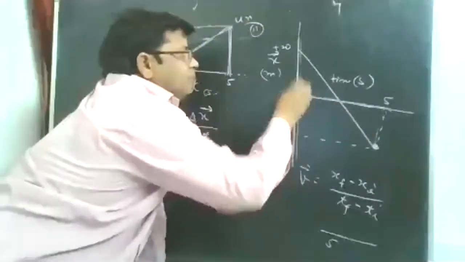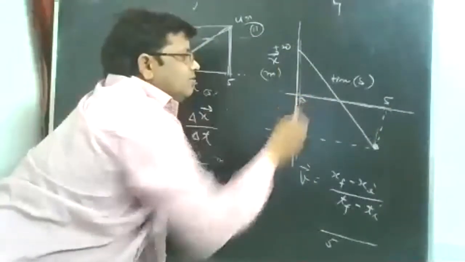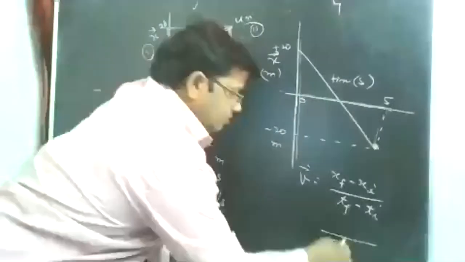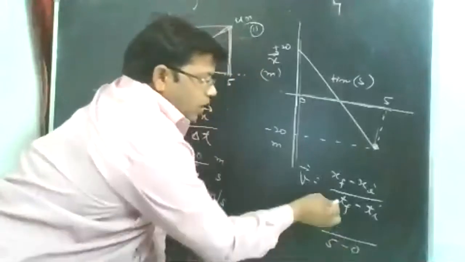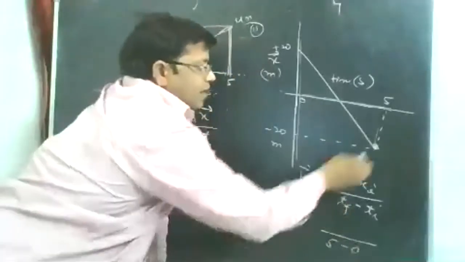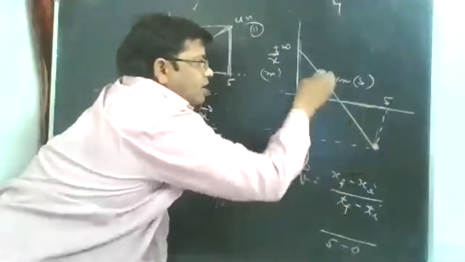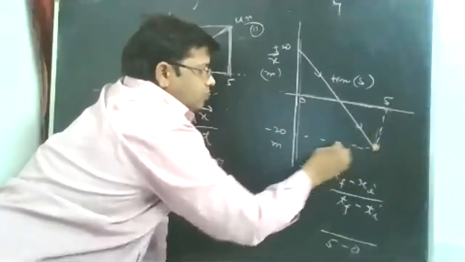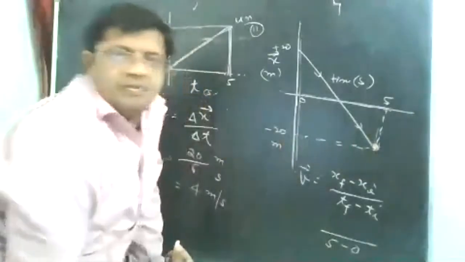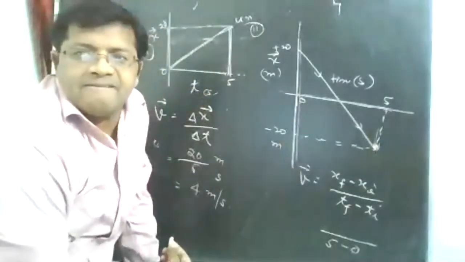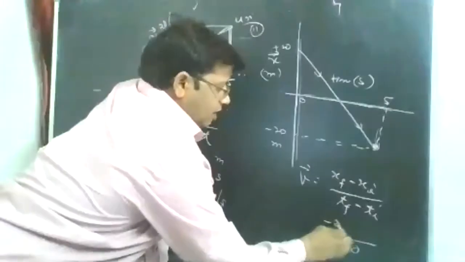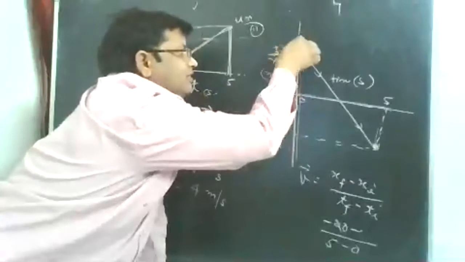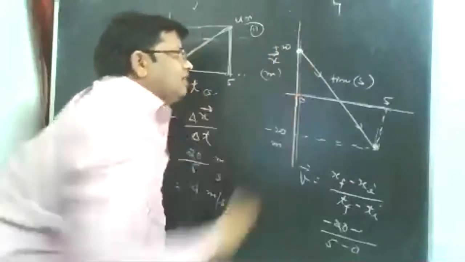What is the initial time? 0. What is the final displacement at 5 seconds? Where is the graph? At 5 seconds, what is the displacement? Minus 20. Final minus initial. At 0 second, where is the graph? 20.